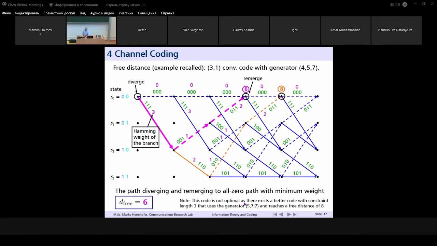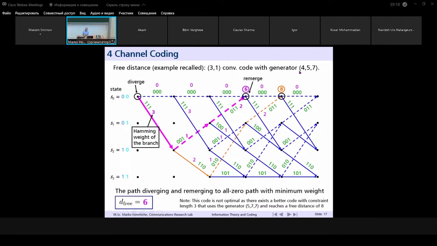Okay, and here we already have an example for the code with generators 577. So this was a famous one being used in GSM. It reached a free distance of 8. So you see our randomly chosen example, the 457, is not as good as the 577, because this would reach an even larger free distance.